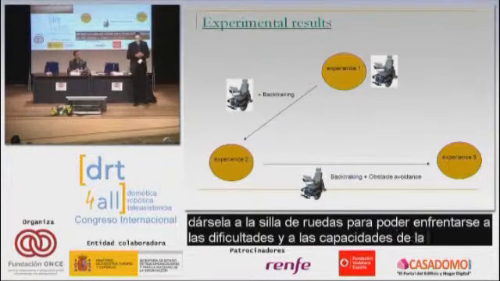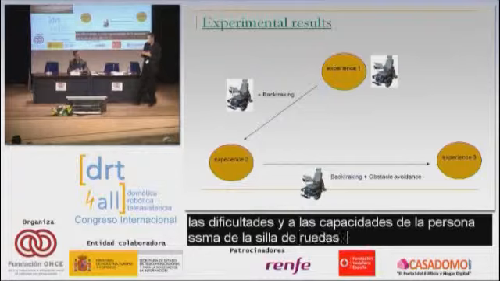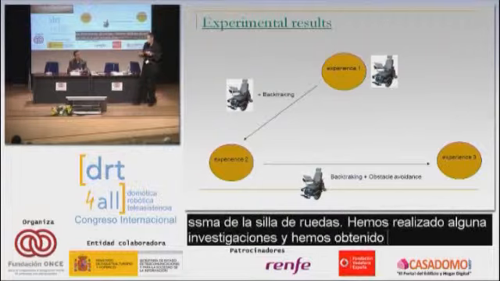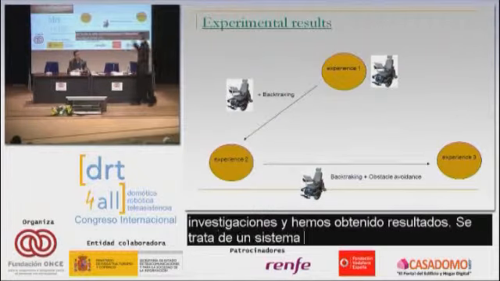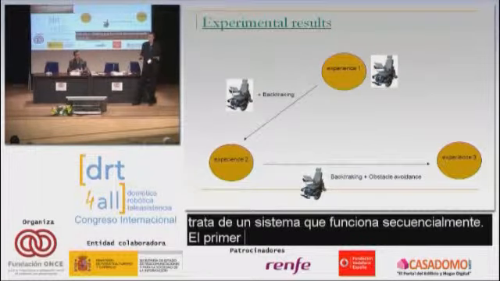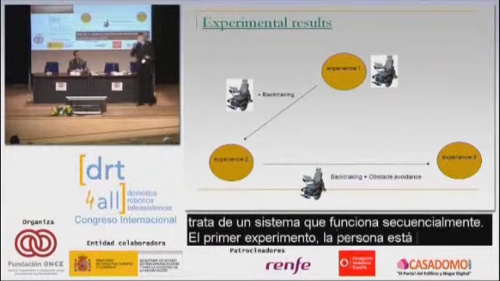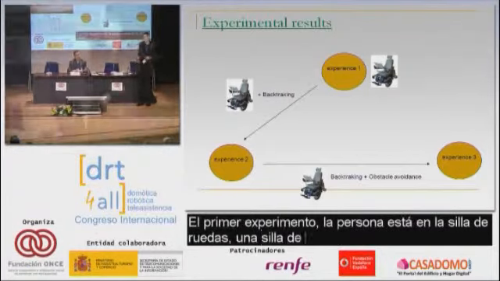And we have some results. It is a system which works in sequence. First experience: the person is on the basic wheelchair and tries to move in the virtual reality environment.